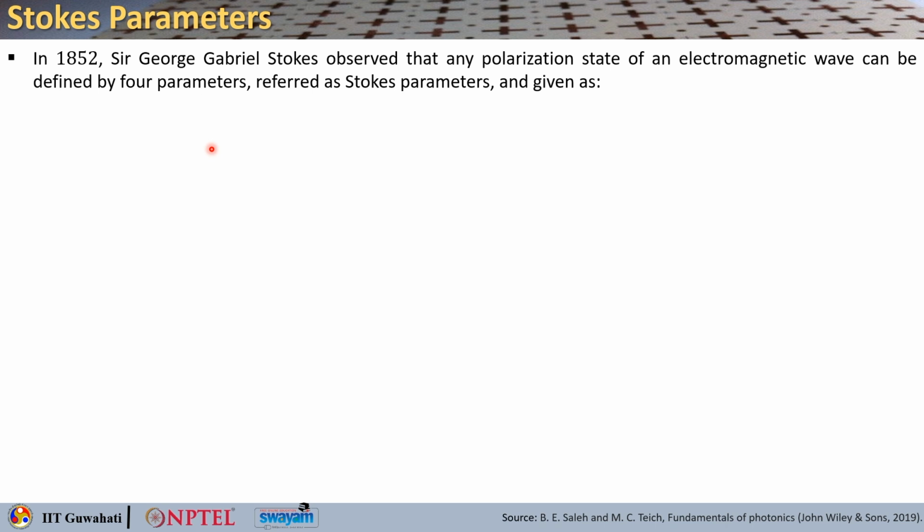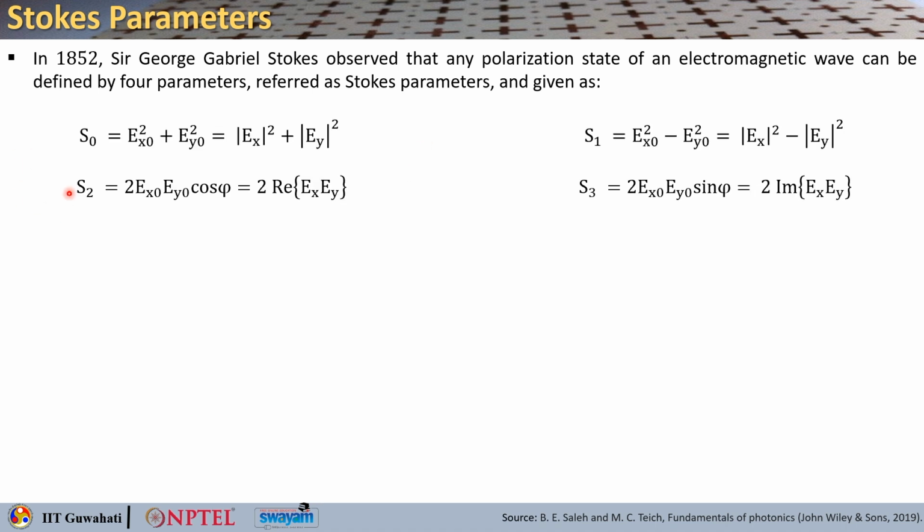1852 observed that any polarization state of an electromagnetic wave can be defined by four parameters, which are also now known as Stokes parameters, given as S0, S1, S2 and S3. So what is S0? That is basically Ex0 square plus Ey0 square, that is nothing but mod Ex square plus mod Ey square.